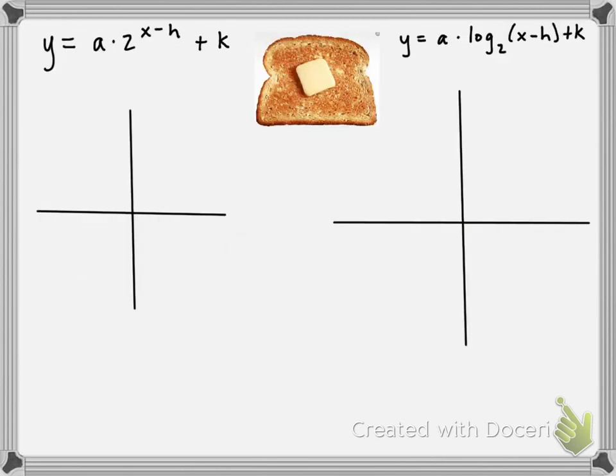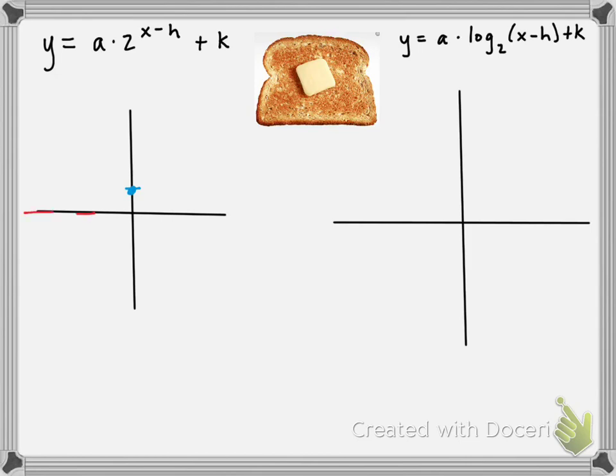So when we flip over to exponential and log functions, we still have the a, the h, and the k. And we learned in the beginning of this unit that we've got this key point on the graph of an exponential function.